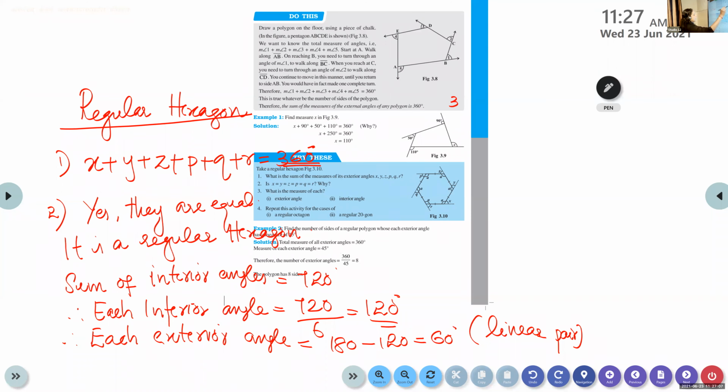Third question, what is the measure of each exterior angle? Exterior angle equal to 60 degree. Interior angle equal to 120 degree.